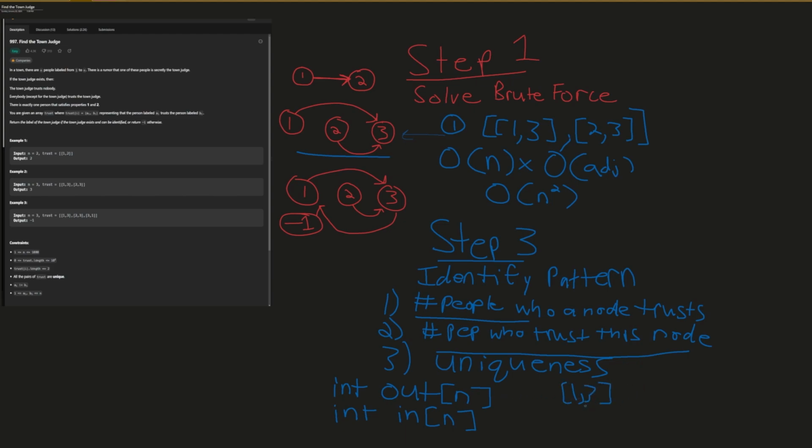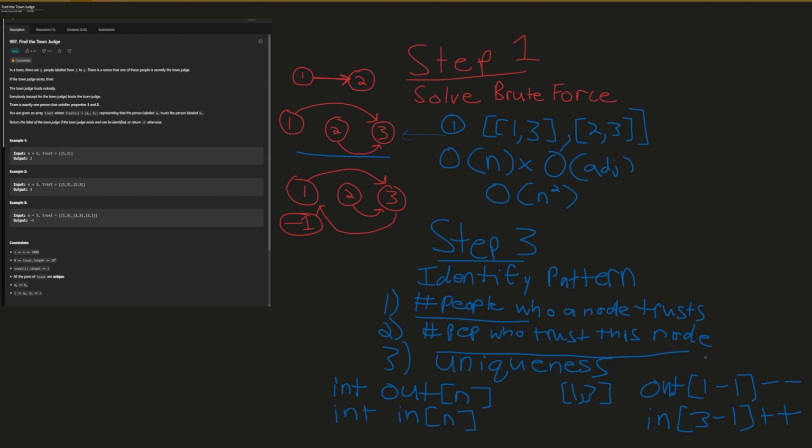So that means when we get to 1, 3, it's actually going to be out of 1 minus 1 plus plus, because remember, it's 1 indexed, and then in of 3 minus 1 plus plus, because now 1 trusts 3.